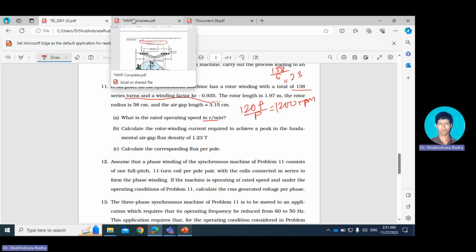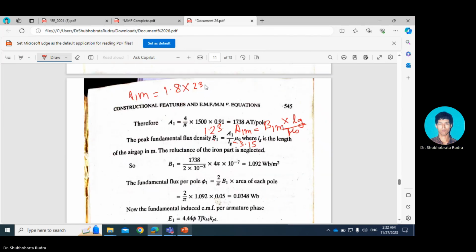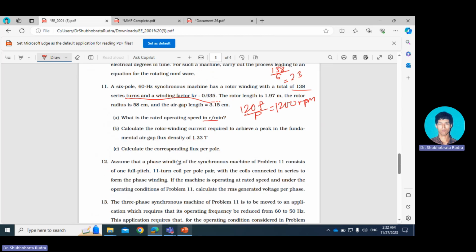So we have 23 into I divided by R into the winding factor, given as 0.97. From that you can find the magnitude of I, which is asked here. So I can be found in this way.